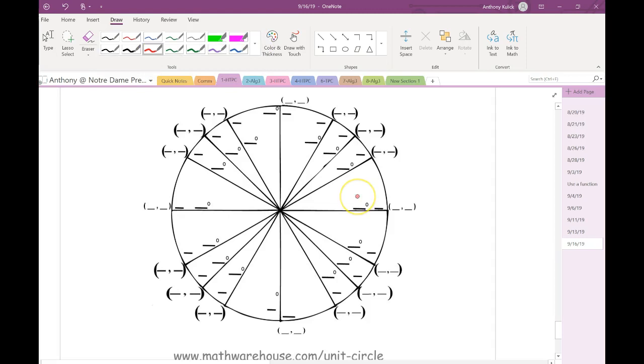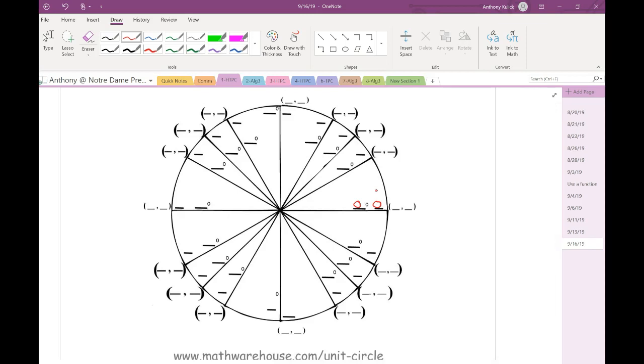So my first angle that I'm going to be concerned with is here. That is a 0-degree angle. What other angle could you call this other than 0? 360, right? In terms of radians, what is 0 degrees? Still 0. 2 pi isn't wrong, because 2 pi is still the same as 360.